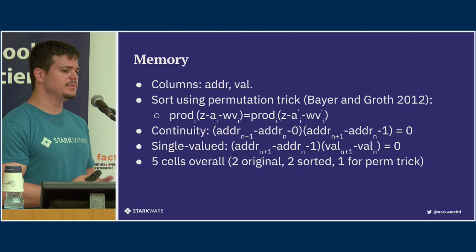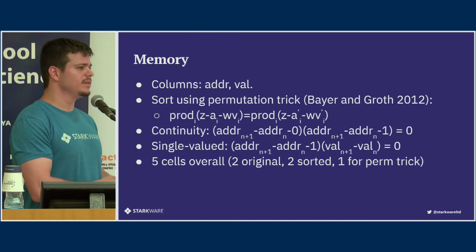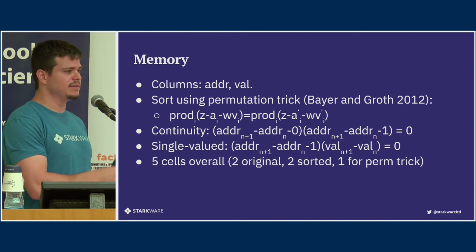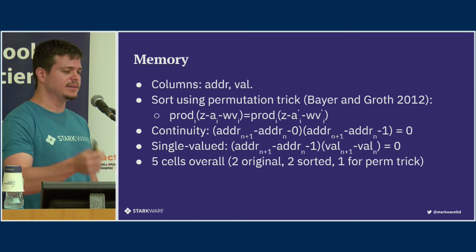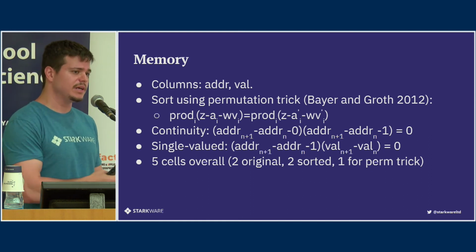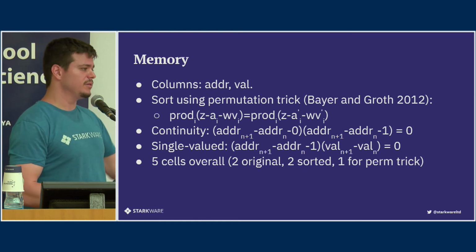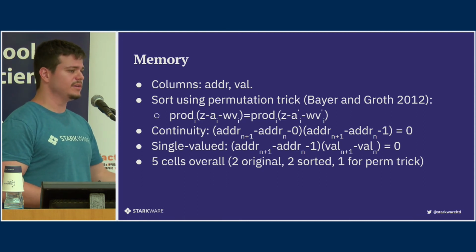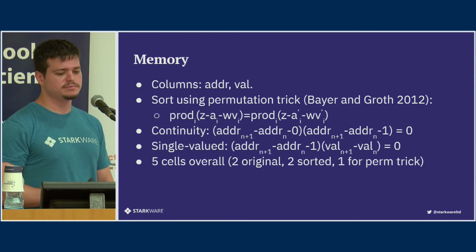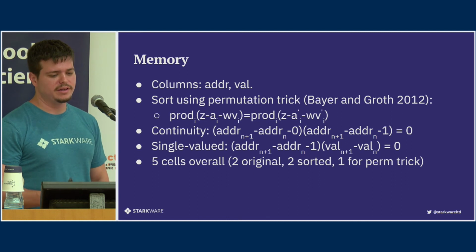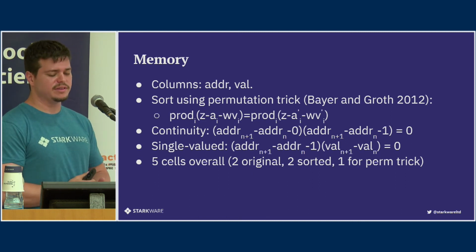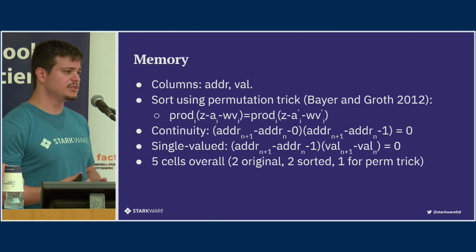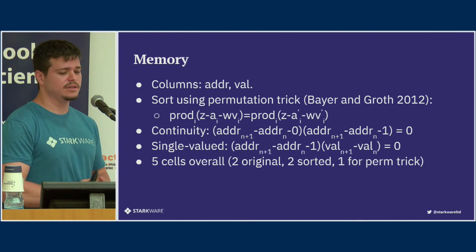This basically means that if you take the polynomial (x minus a) times (x minus b) times (x minus c), which represents the multiset of a, b, and c, then the polynomial is the same on the previous columns and the new columns. Okay, so now we have these new columns, and we basically want them sorted by the address.